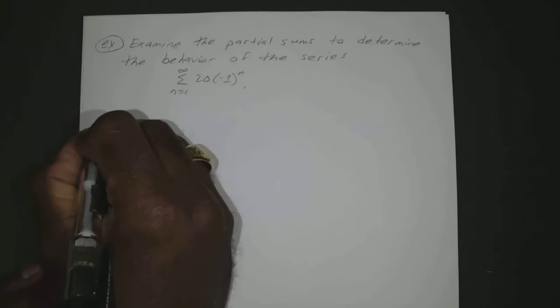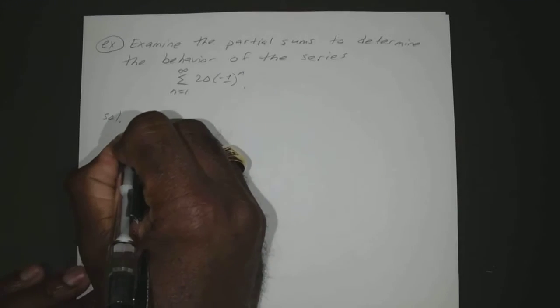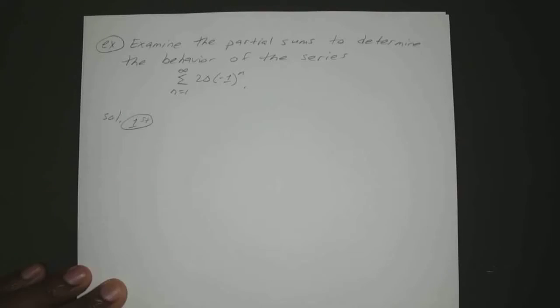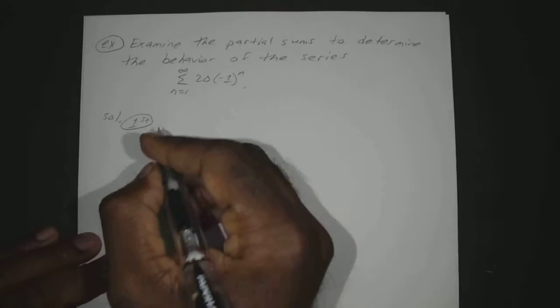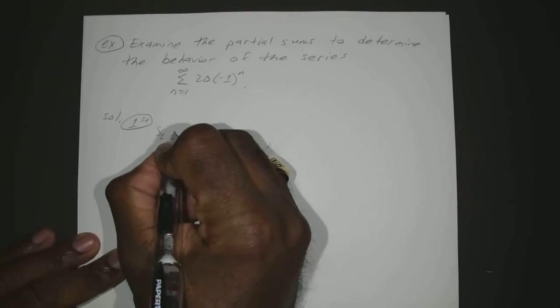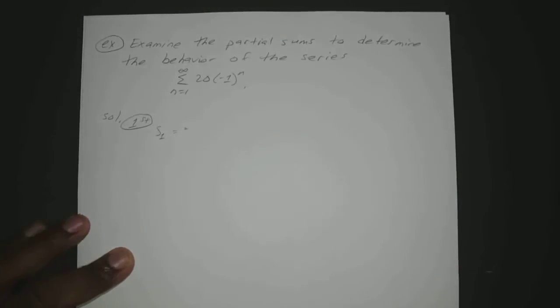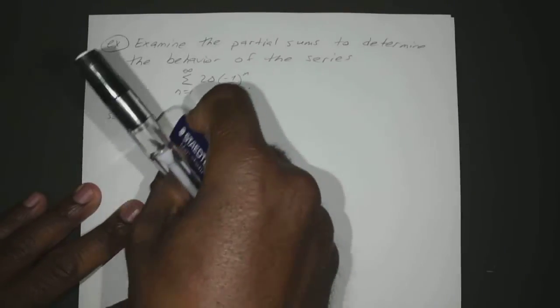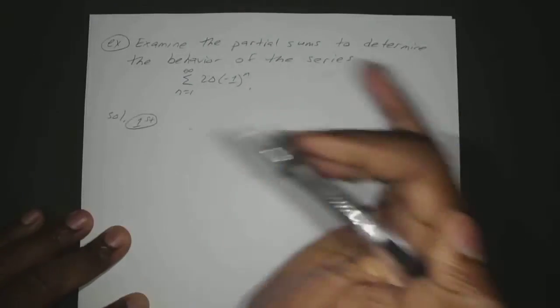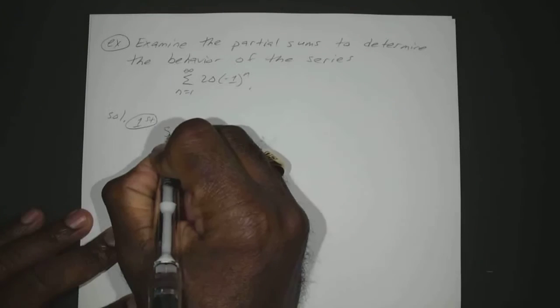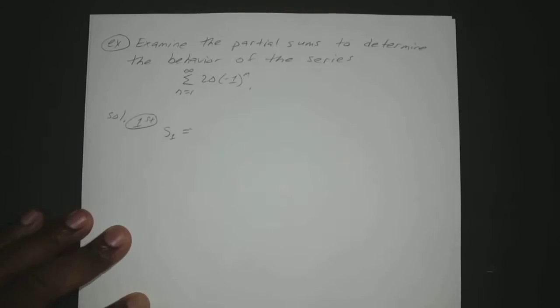All right, so for this one, first thing we do is we look at a pattern of our partial sums. So S of 1, actually if you wanted to, you could put a couple of them out first, but you don't have to. Well, I'll do it that way. More than one way to do it.